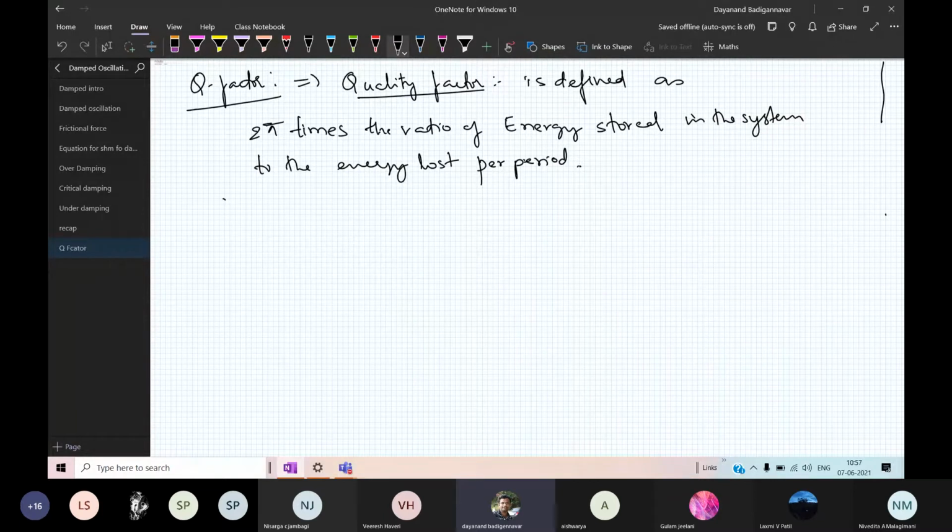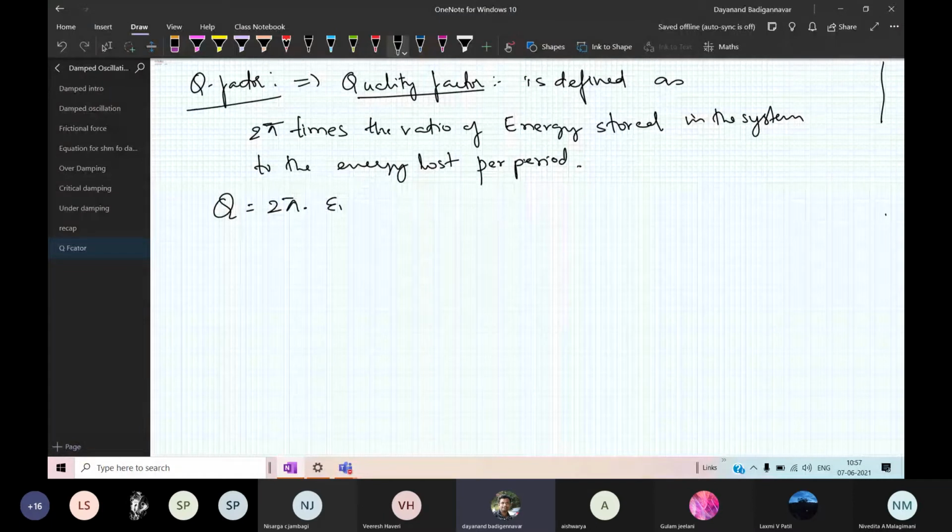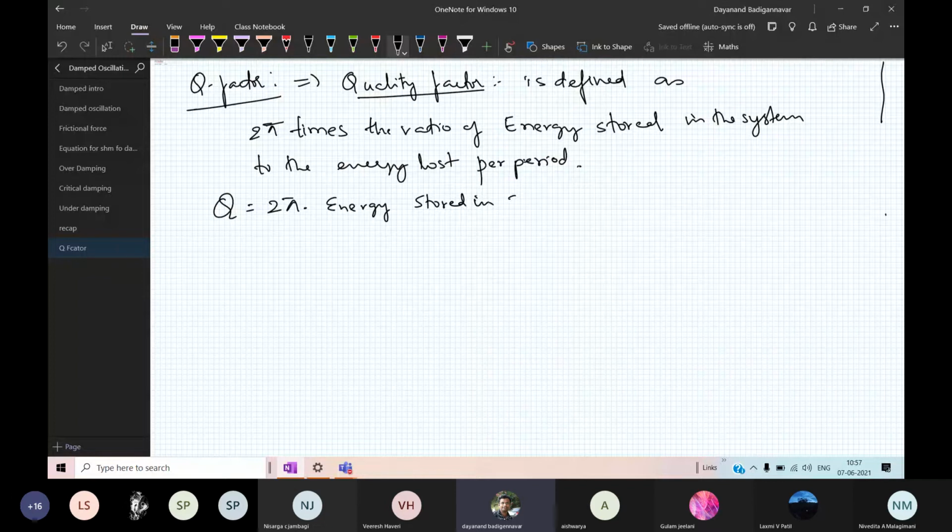Now if I write it like this, it is given by Q equal to 2 pi times the ratio of energy stored in the system divided by energy lost per period.